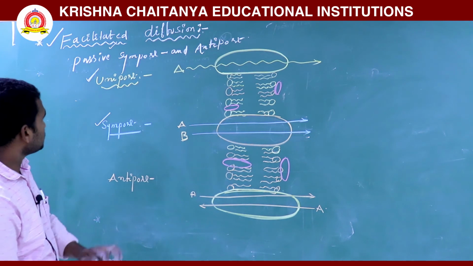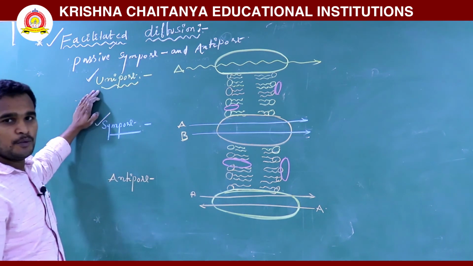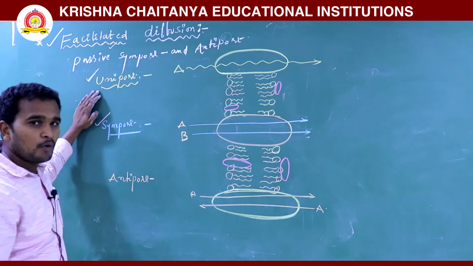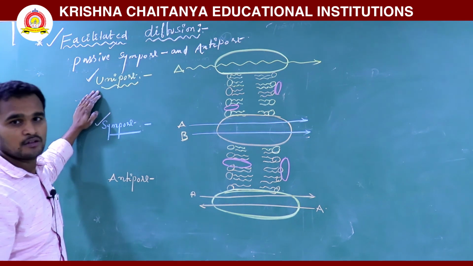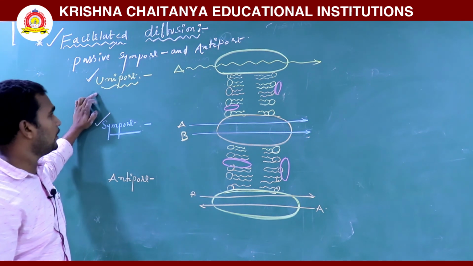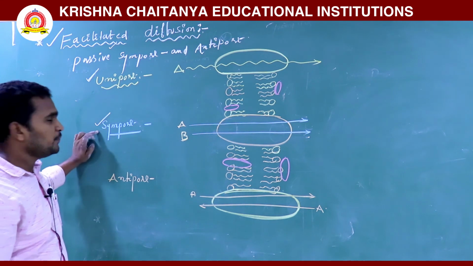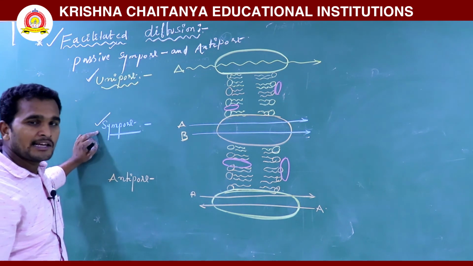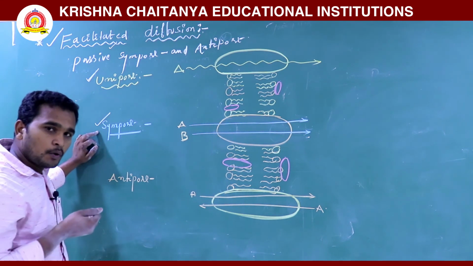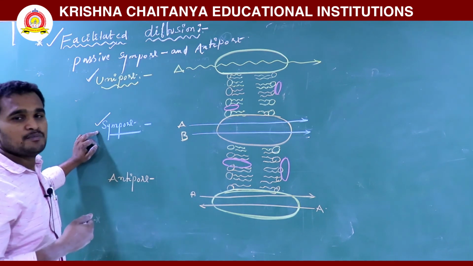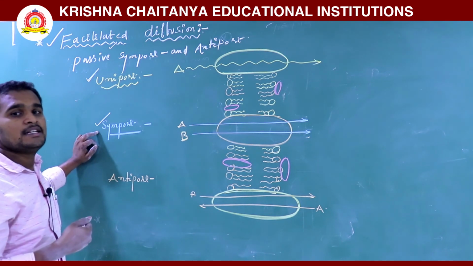Here, uniport means only one molecule moves independently through the transporter protein, in only one direction. Symport means two molecules pass together through the transmembrane protein in the same direction.